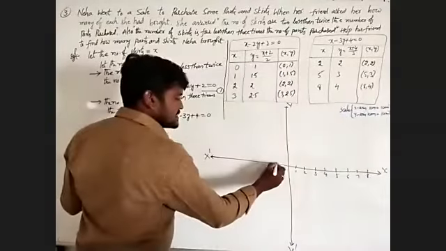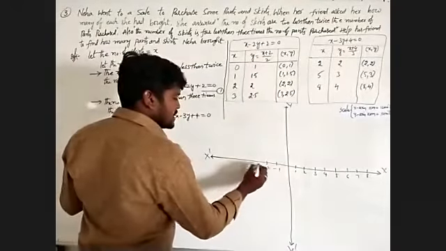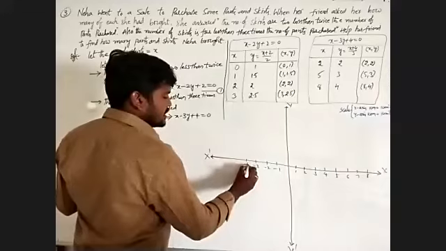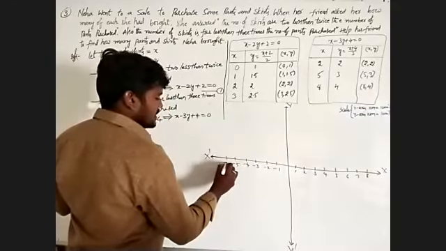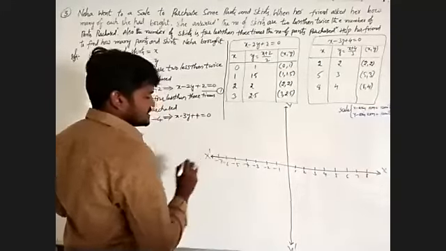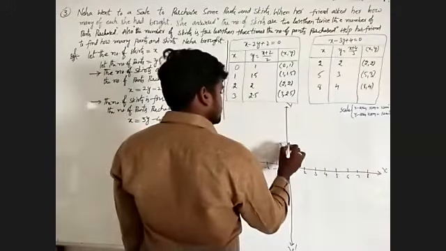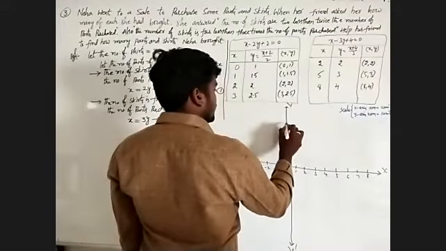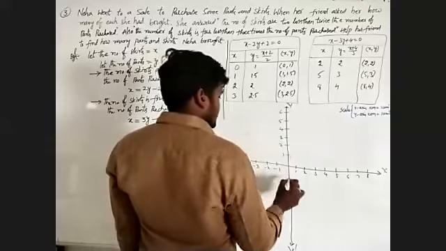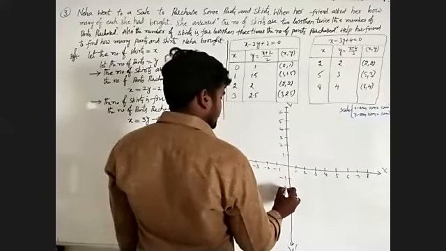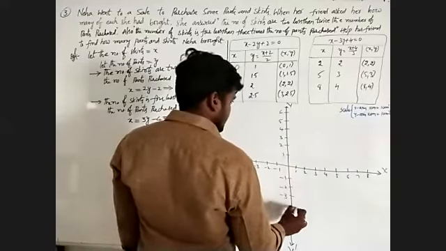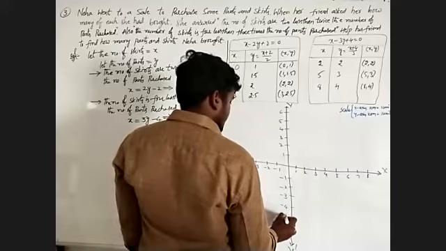The negative x-axis is -1, -2, -3, -4, -5, -6, -7. Now the y-axis values: this is 1, 2, 3, 4, 5, 6. The negative y-axis becomes -1, -2, -3, -4, -5, -6.